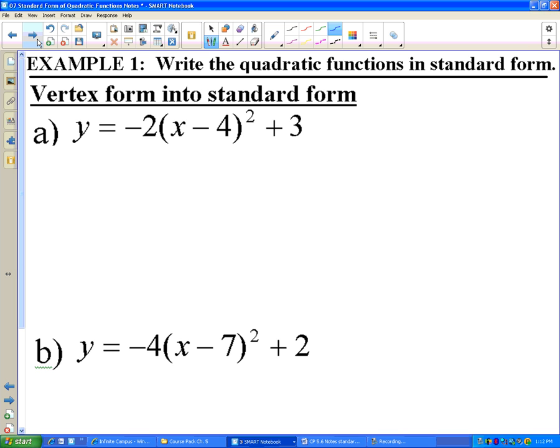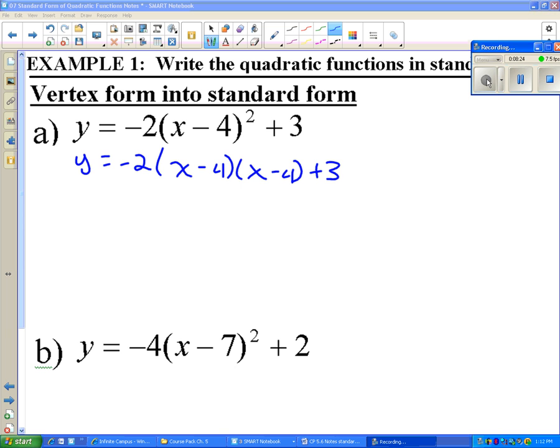This is really y is equal to negative 2 times x minus 4 times x minus 4 plus 3. And if worse comes to worse, I can just FOIL that. If I remember what a binomial squared is, I could just work out that function, but I can go ahead and just FOIL this.